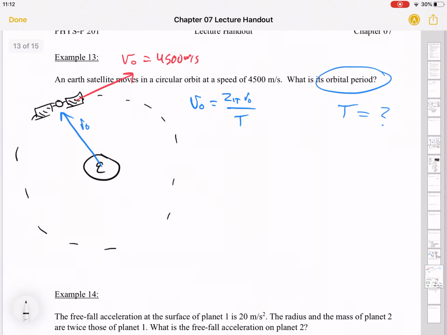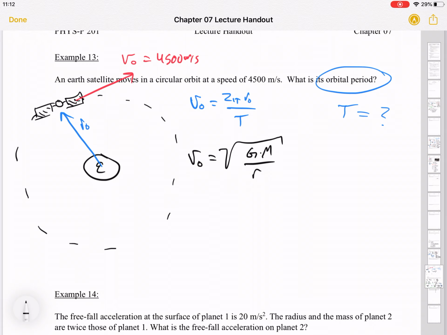So what else can I do? Well, I can do this one, right? That v naught is the square root of GM over r naught. All right. Okay. So that'll let me solve for a radius, and then I can solve for the period of this motion.